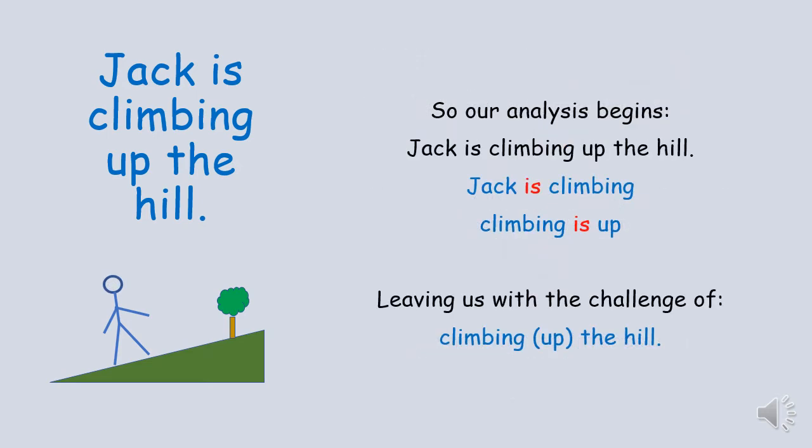So our analysis of the sentence Jack is climbing up the hill begins as follows. Jack is climbing, the climbing is up, leaving us with the challenge of climbing the hill. I've left the up in parentheses since we've already to some extent dealt with it.